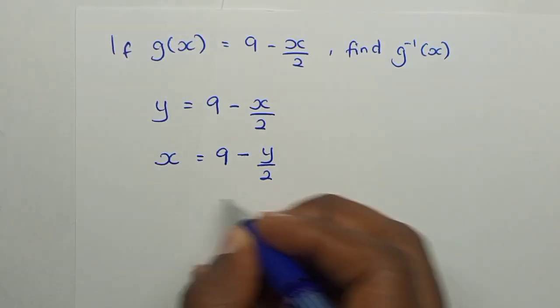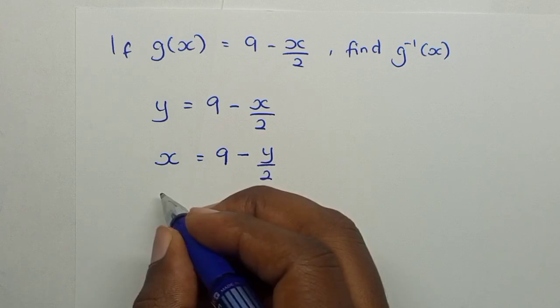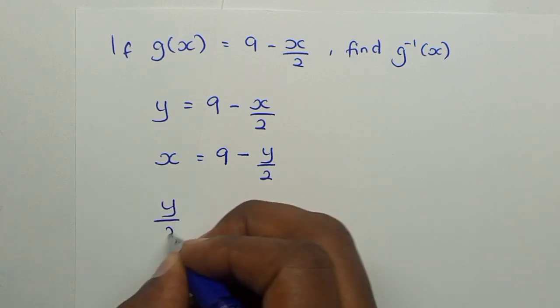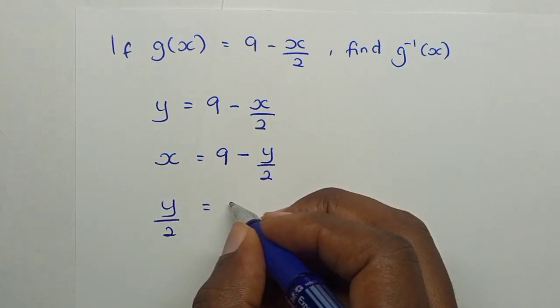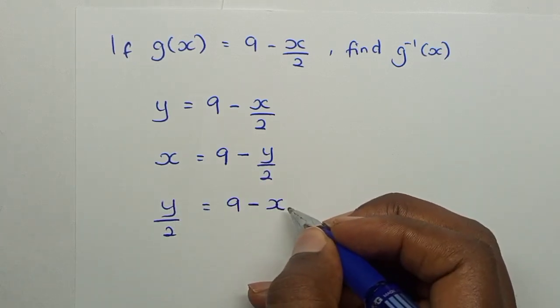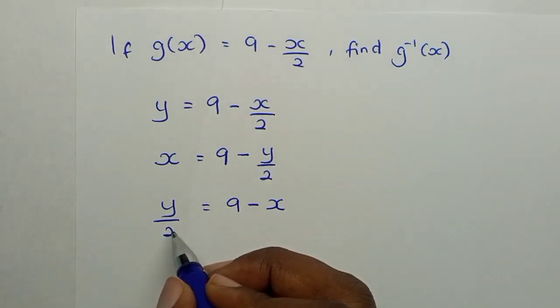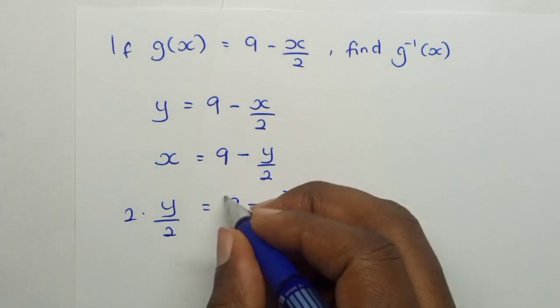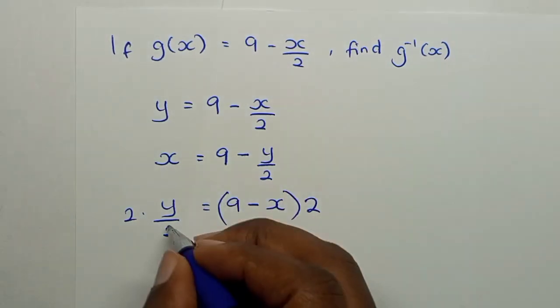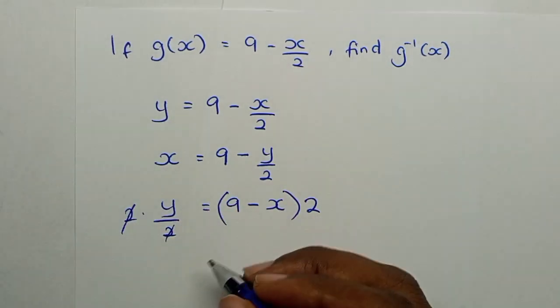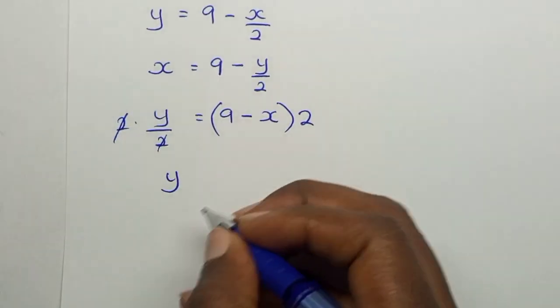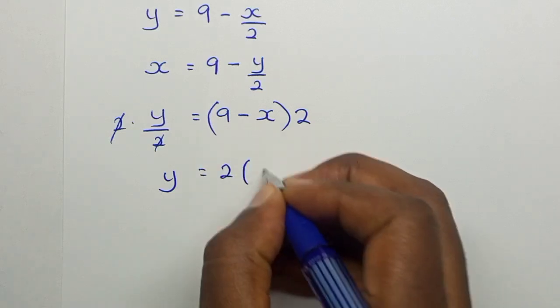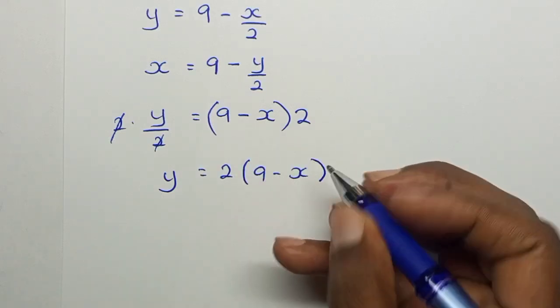So we shall have, when y comes this side, y over 2 equals 9 minus x. Then we need to multiply both sides by 2. So this cancels out with this, and therefore y equals 2 times 9 minus x.